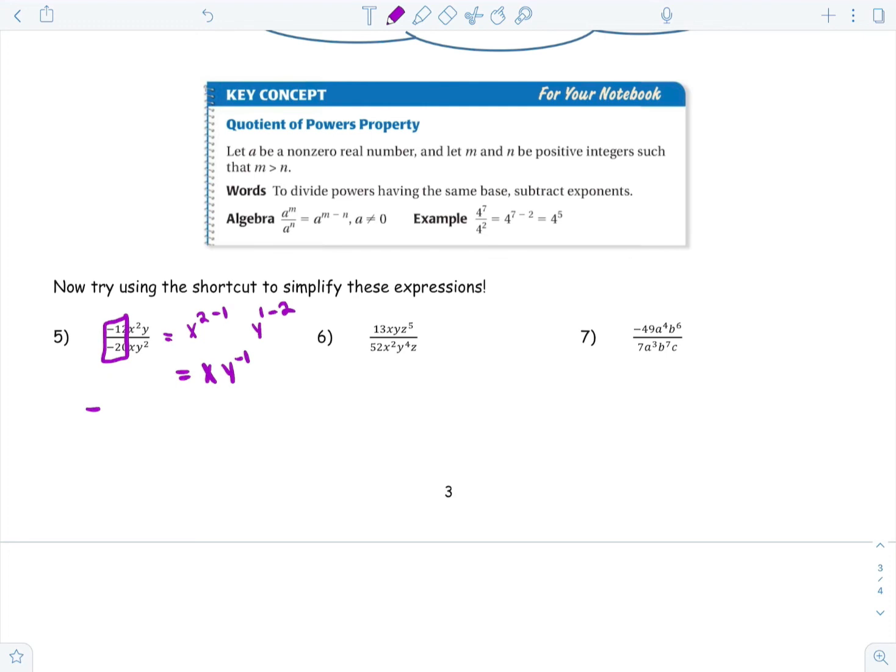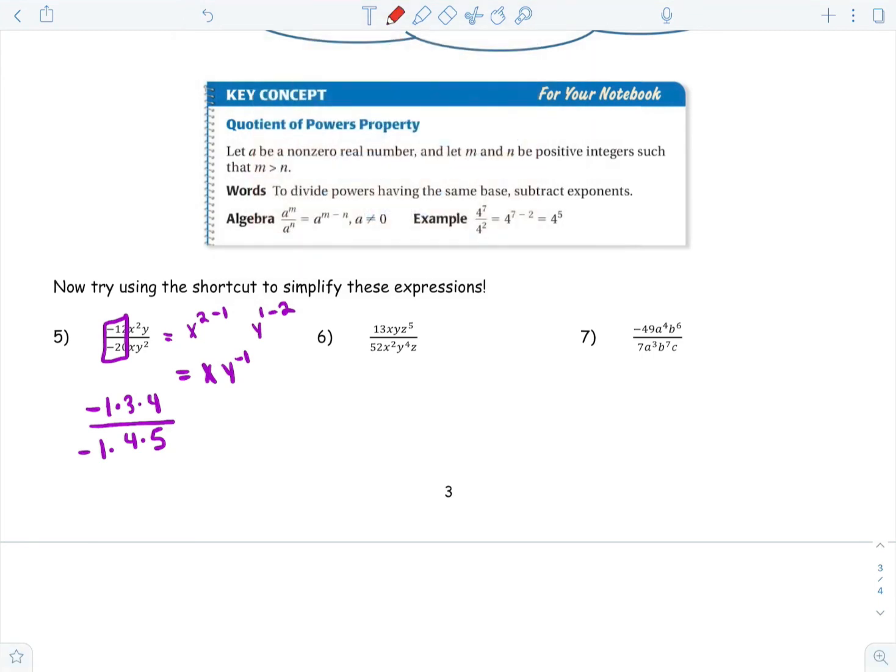But let's now simplify our negative 12 over 20. So that's negative 1 times 3 times 4 over negative 1 times 4 times 5. All right, so that's just us simplifying negative 12 and negative 20.